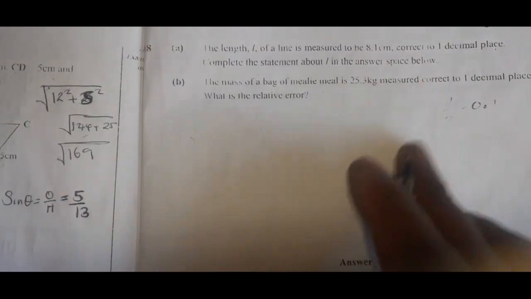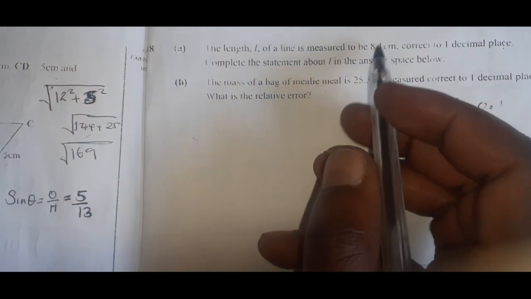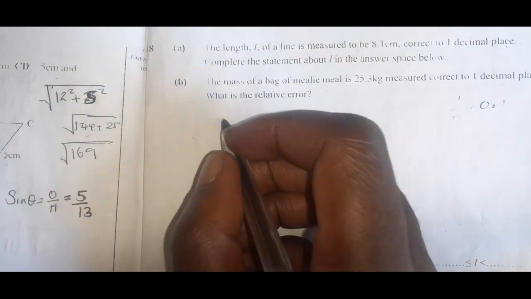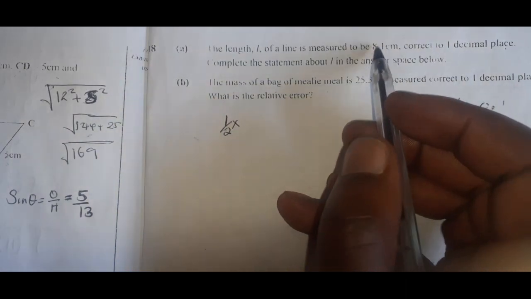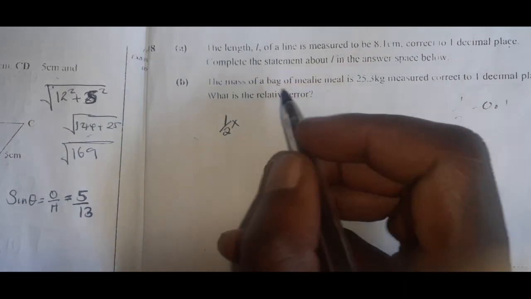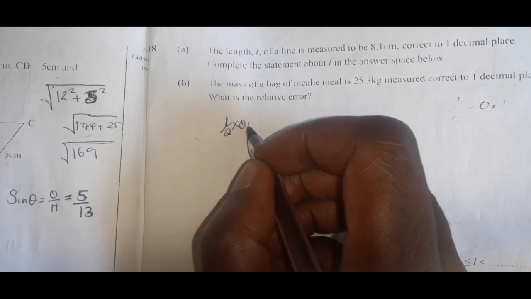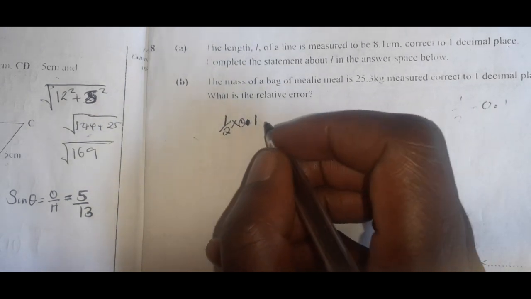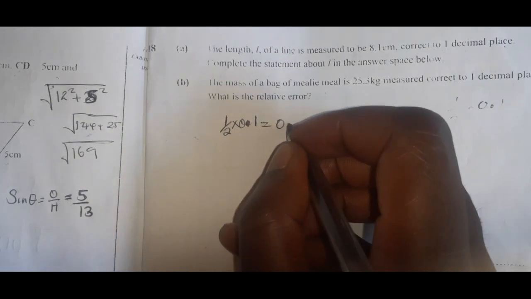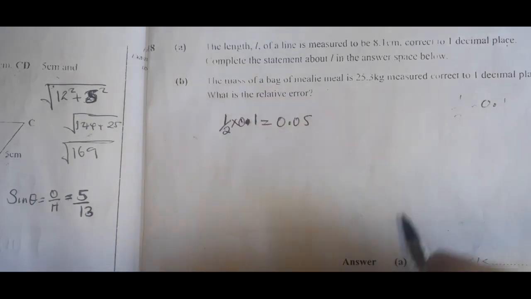To find the absolute error here, we take the least unit of measurement and multiply by half. The least unit of measurement here is 0.1. When we work this out, we get 0.05.